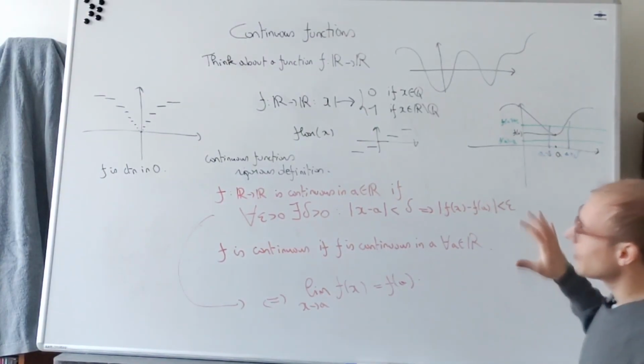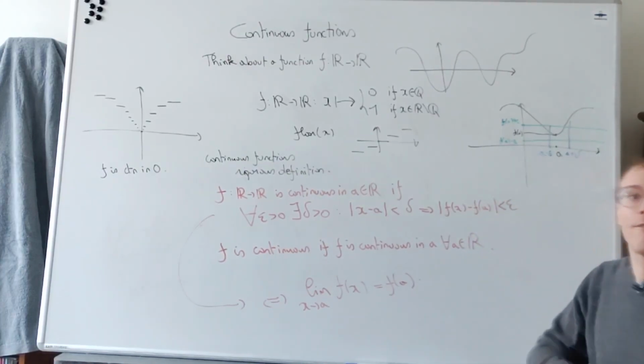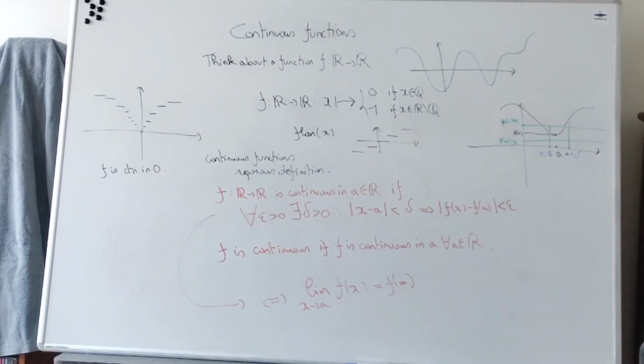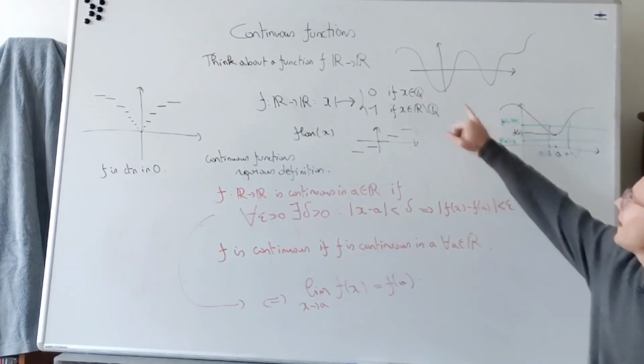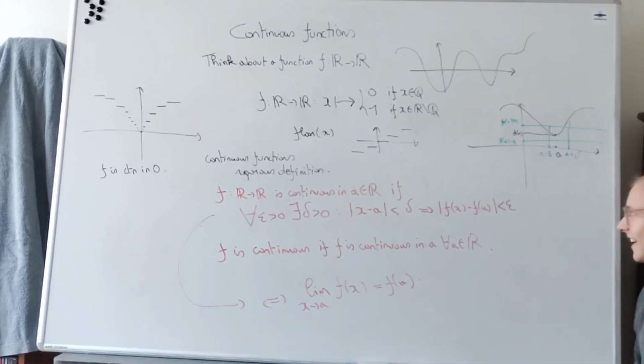So just to say that there is really a difference of being continuous in a certain point and the function f on its own, the whole function being continuous. If it's continuous for every point, then indeed the graph will be like a continuous line.